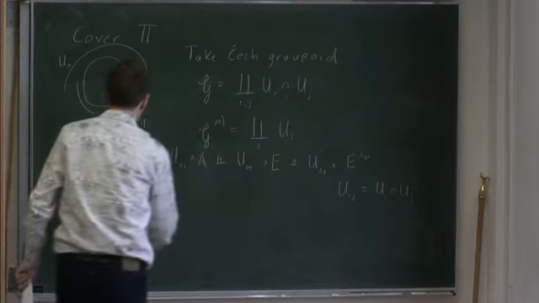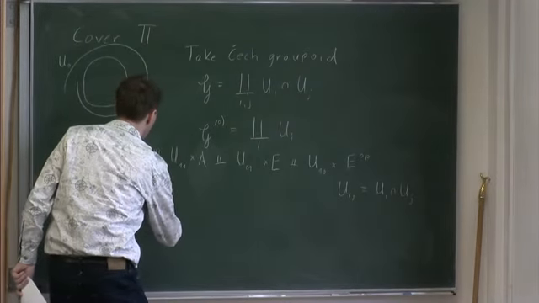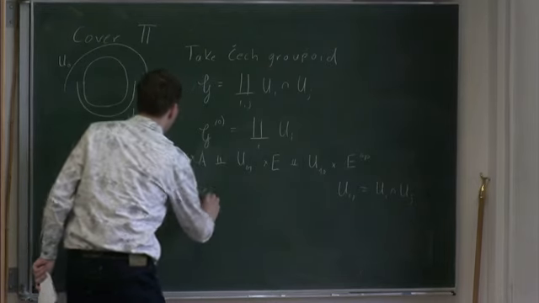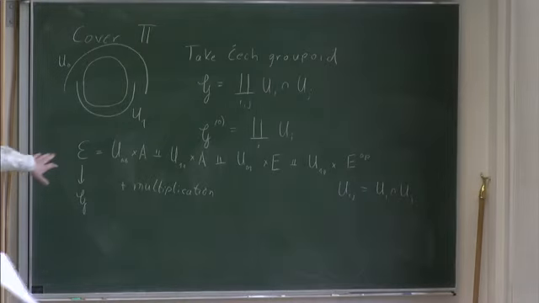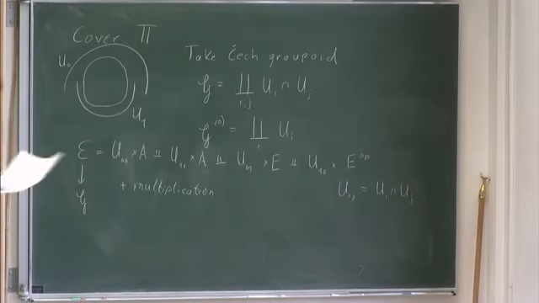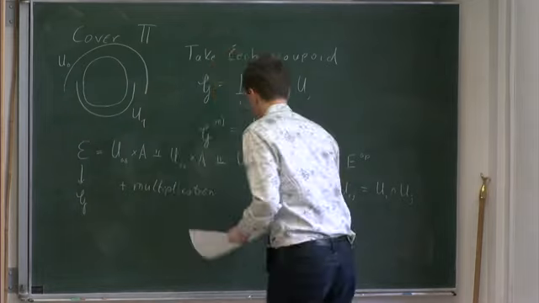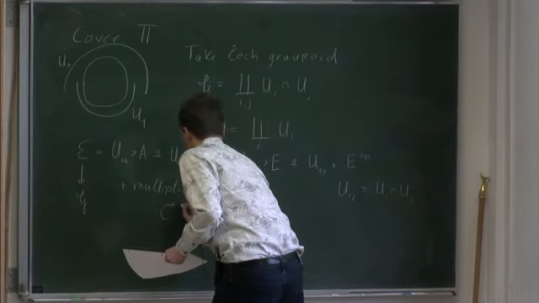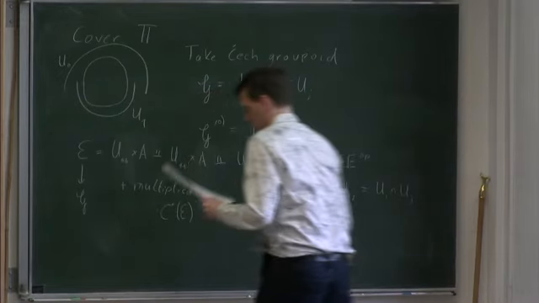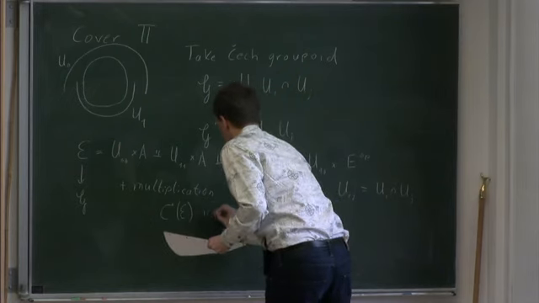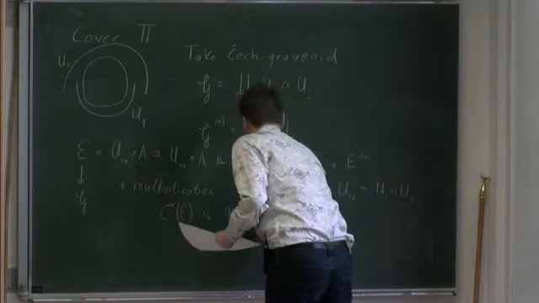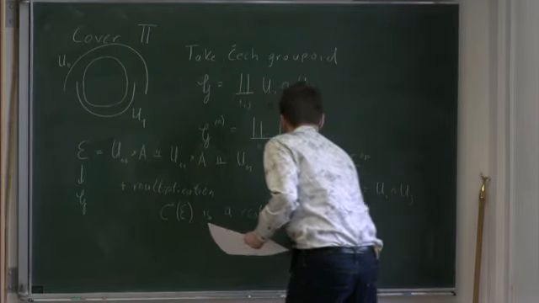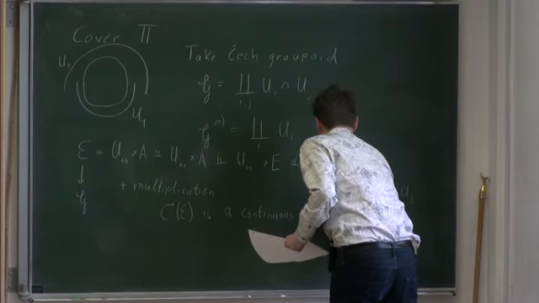And I have a multiplication which turns this into a Fell bundle. And now I can look at the associated C-star algebra, which is a continuous C(T)-algebra.